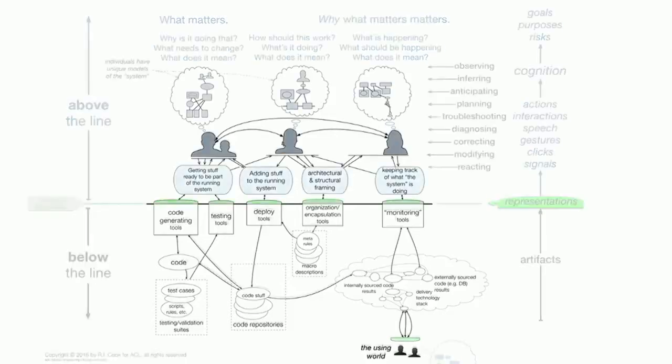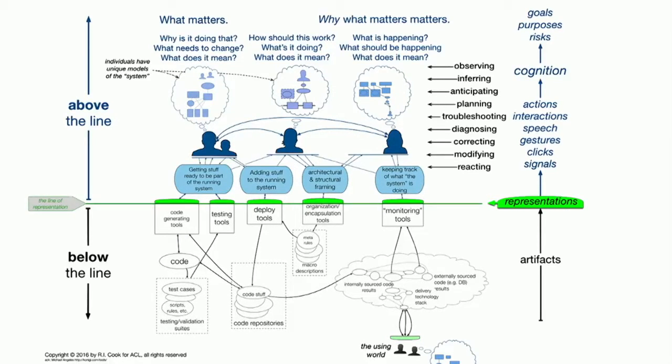And if we play with this a little bit more, we end up with this kind of model. This model has a line of representation going through the middle, and you interact with the world below the line via a set of representations. Your interactions are never with the things themselves. You don't actually change the systems. What you do is interact with a representation, and that representation is something about what's going on below.